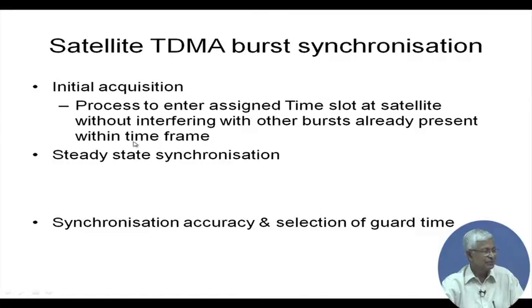Therefore, it has to enter the network in such a way that it should not disturb any of the other bursts, particularly the adjacent bursts. Number 6 and number 8 should not get disturbed. It should not overlap its transmission over their bursts. So, that is the initial acquisition.